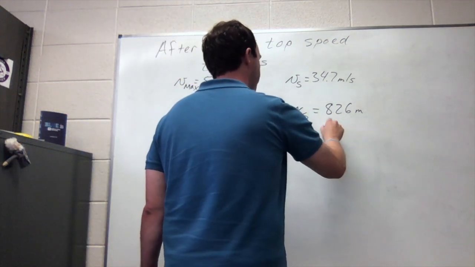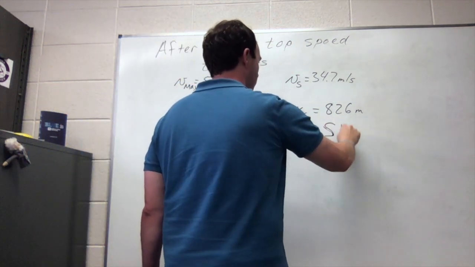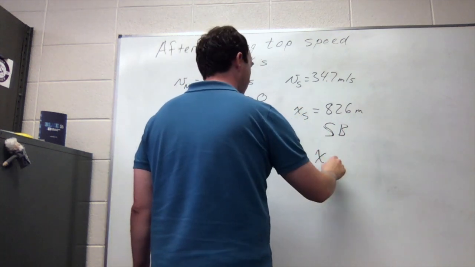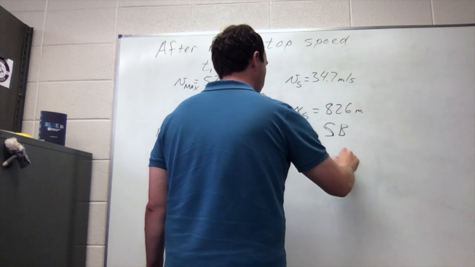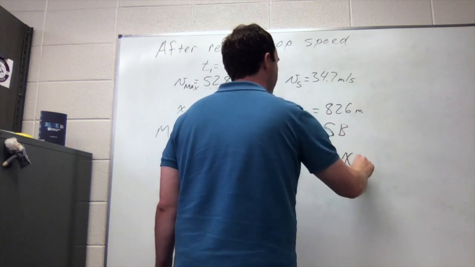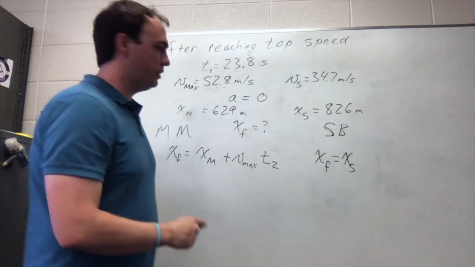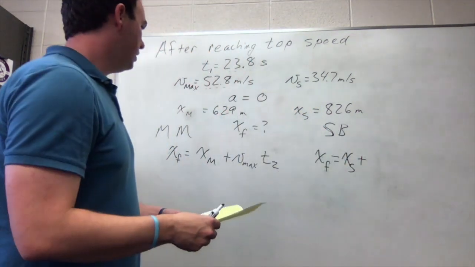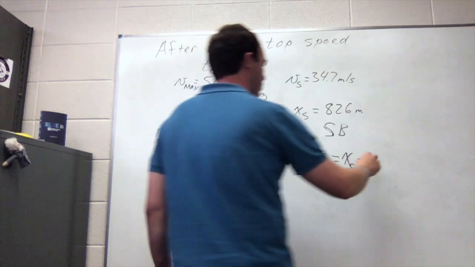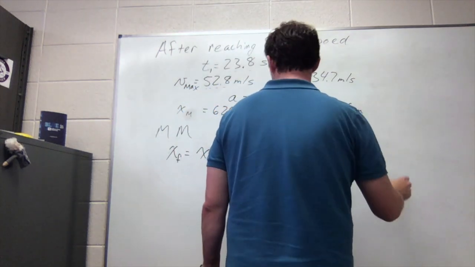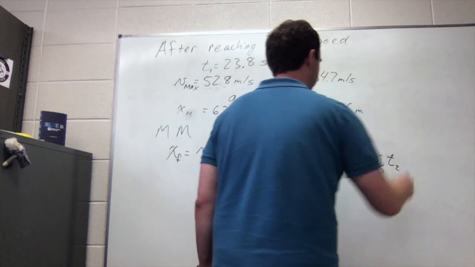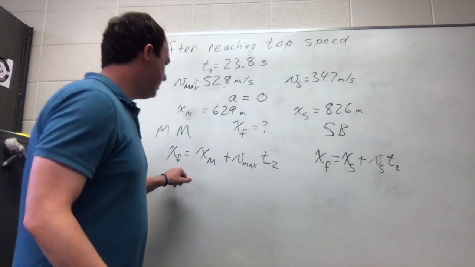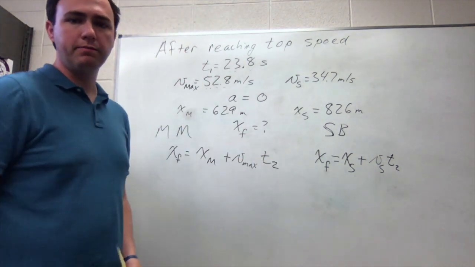For SpongeBob, we have X final is equal to this XS, 826 meters, plus the velocity of SpongeBob times time 2. And these final positions have to be the same.